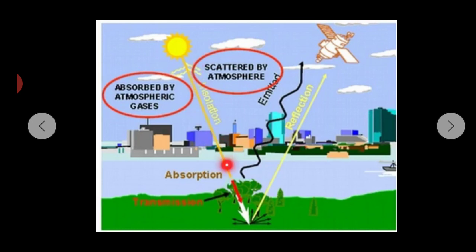Once these radiations are coming in contact with the atmosphere, what happens? Some radiation gets scattered and some radiation gets absorbed. So when an electromagnetic radiation comes in contact with the atmosphere, two main things take place. One is atmospheric absorption and one is atmospheric scattering.